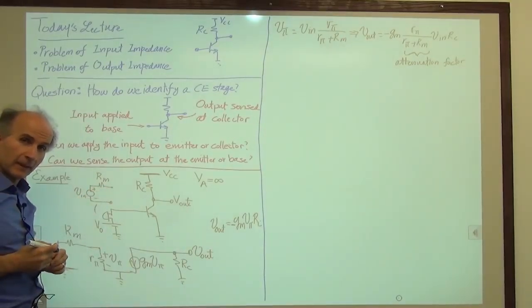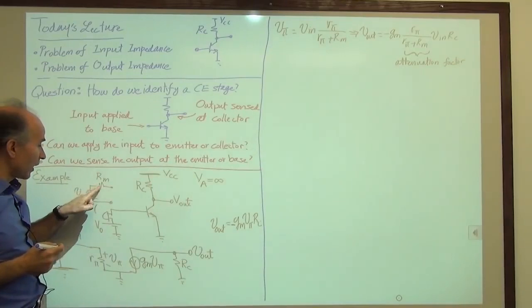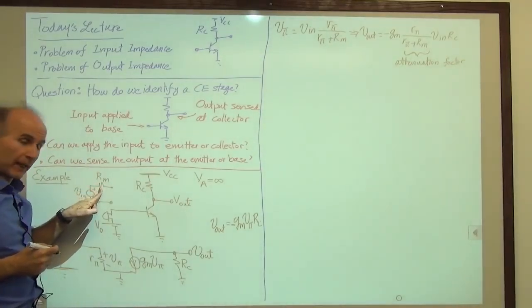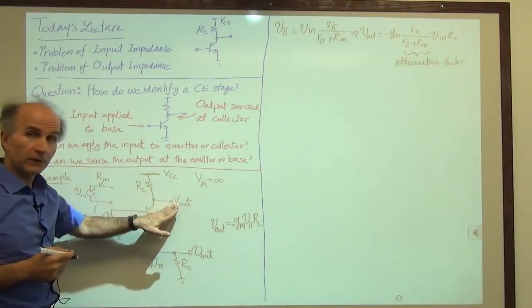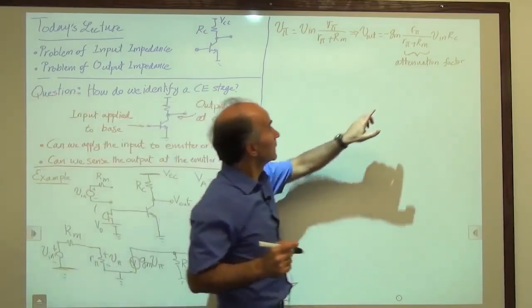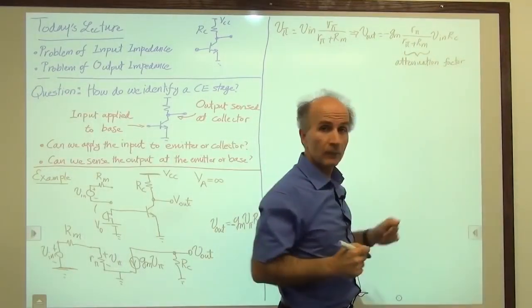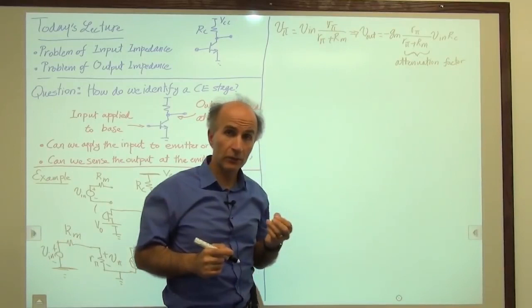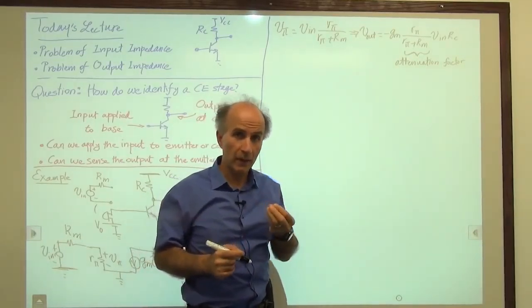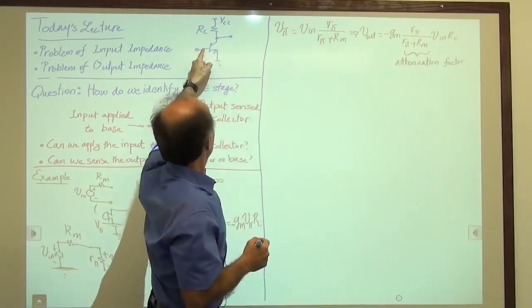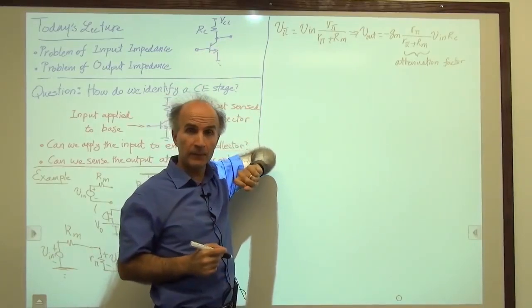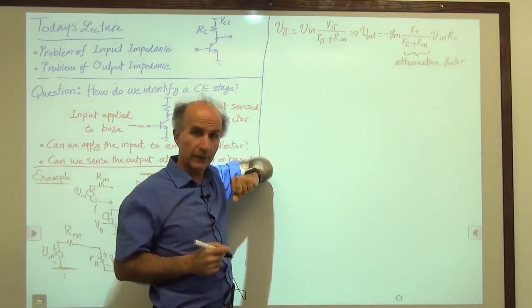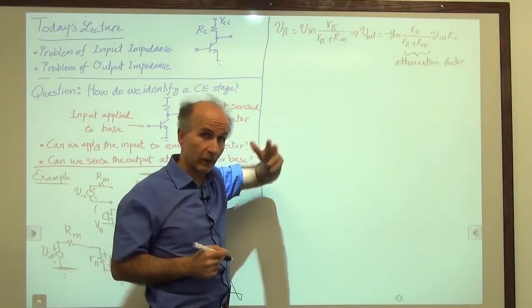To understand how Rm affects this result, I need to know R pi. So in addition to minus Gm Rc, the voltage gain of the circuit, I also need to know something about R pi.